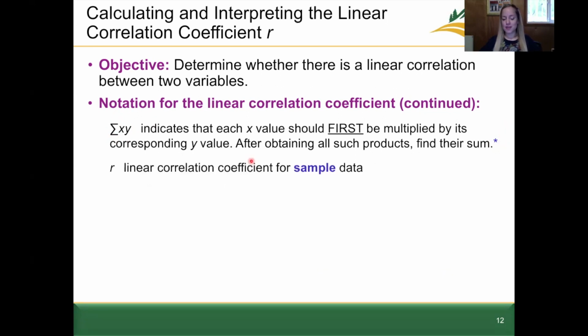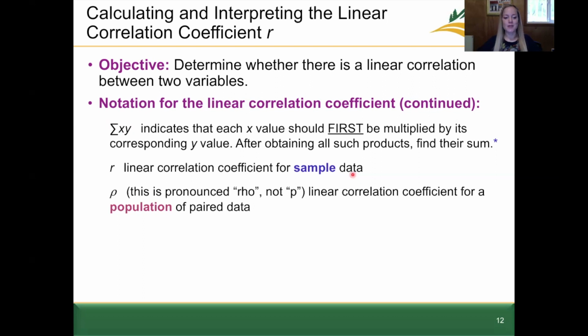Now, another point to be careful with is that R, which we've seen throughout, is the linear correlation coefficient, but for sample data. Remember the clear difference between a sample and a population. So again, R is our linear correlation coefficient for sample data. So what's our symbol notation for population data, you may ask? Well, it's this symbol here, which we pronounce as rho.